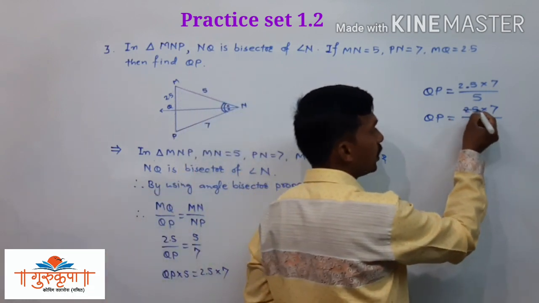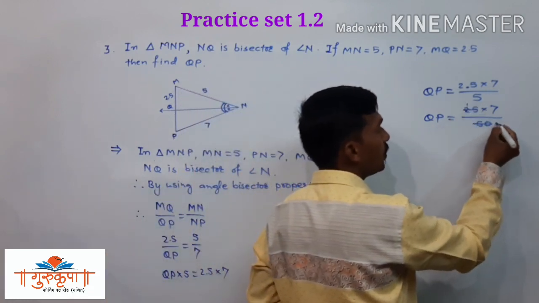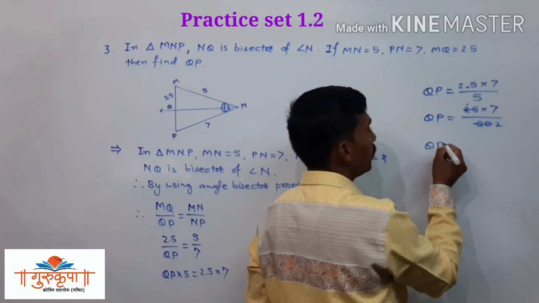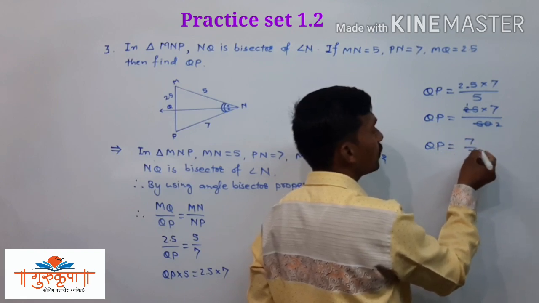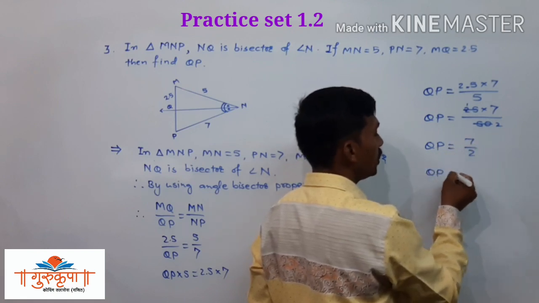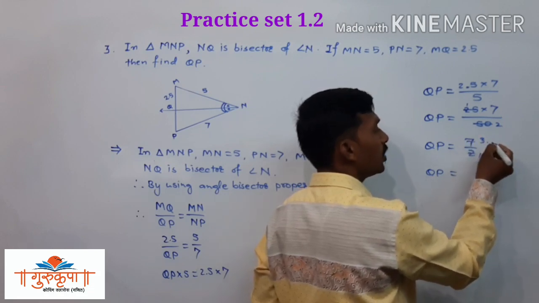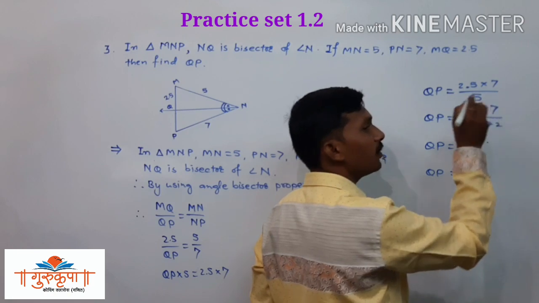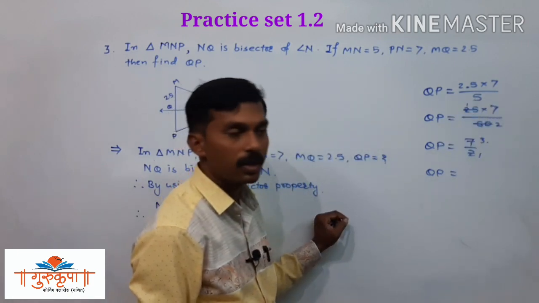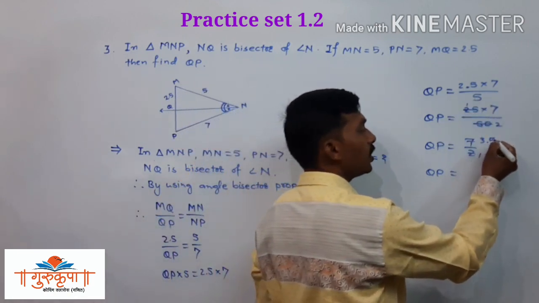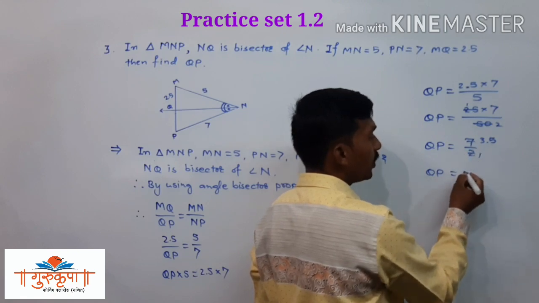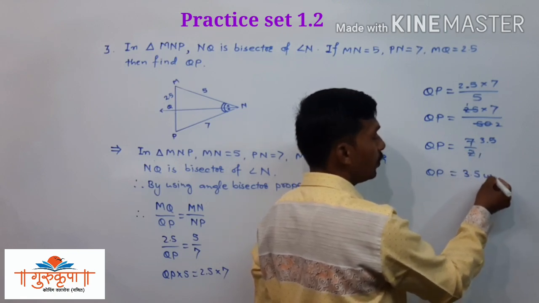Now 25 1s are 25, 25 2s are 50. We have QP is equal to 7 by 2. 2 3s are 6, 1 is remaining, we put the decimal sign and take 0 on 1, that is 10. Since 2 5s are 10, we have half of 7, that is 3.5 units.